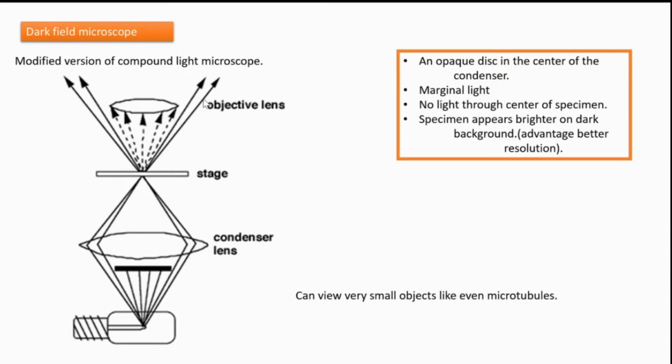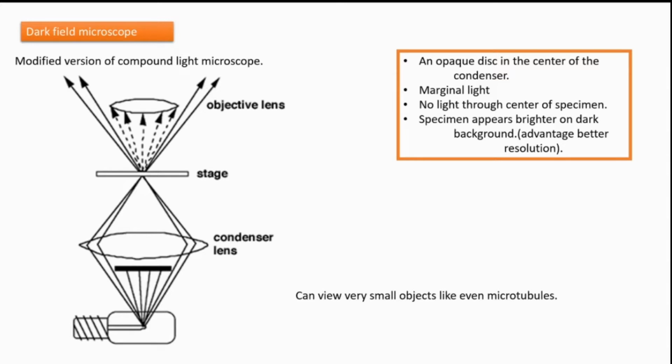As a result, in the final image we could see the specimen very bright on a dark background. So in dark field microscope, the final image appears very bright on a dark background.